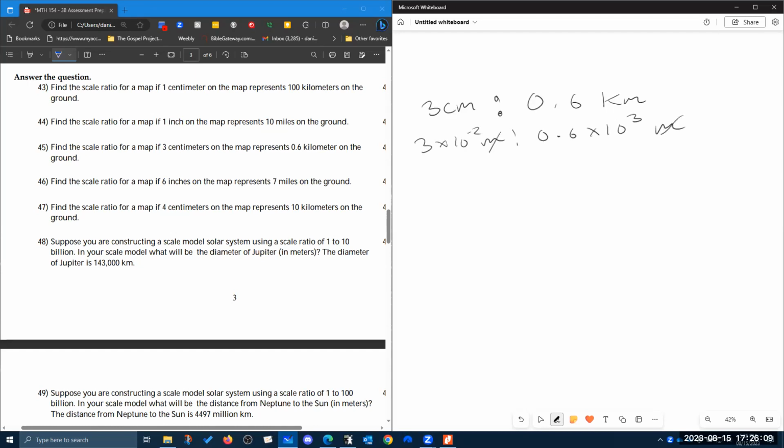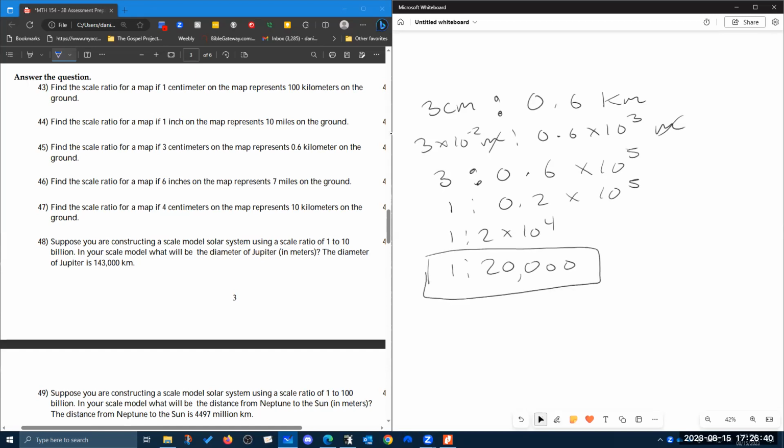So the meters are going to cancel here, and I'm going to make this 3 is to 0.6 times 10 to the fifth, and 1 is to 0.2 times 10 to the fifth. So 1 to 2 times 10 to the fourth, if I wanted in scientific notation, or 1 to 20,000 as my scaling factor.